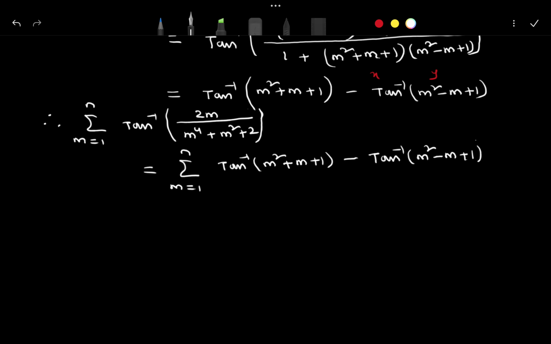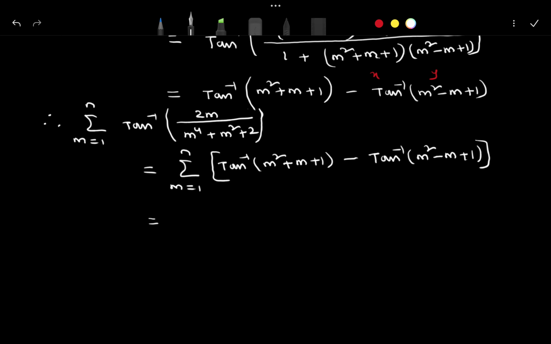Okay, so this is the resultant after simplifying the given summation. So now you put m equals 1. If you write m equals 1, that is the first term. M equals 2 will be the second term. M equals 3 will give the third term.